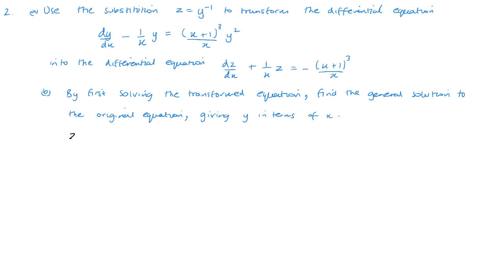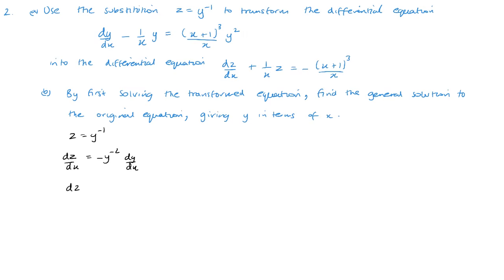So we've got z equals y to the minus 1. Right, now let's differentiate. dz by dx equals minus y to the minus 2 dy by dx.